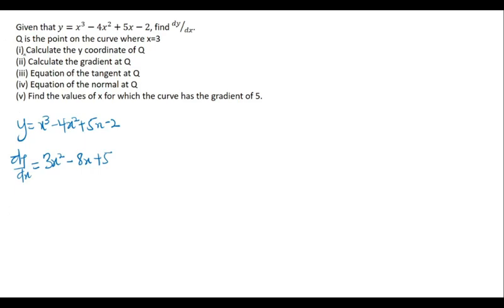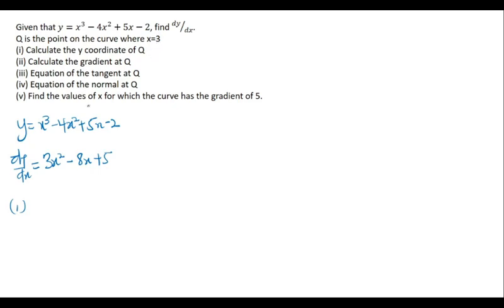Now let's tackle the first aspect of the question. It is telling us to calculate the y coordinate at Q. For us to find the y coordinate at Q, we need to use the curve equation that we have over here, where the x coordinate is 3.